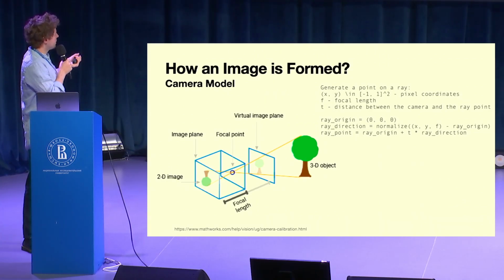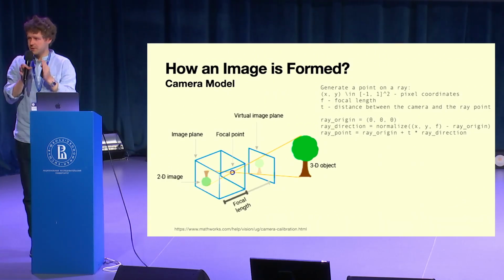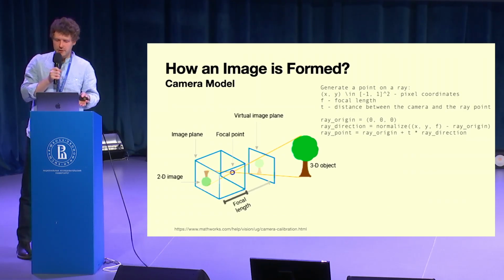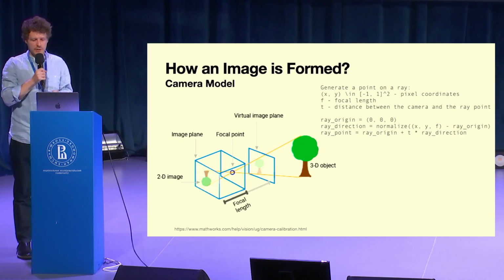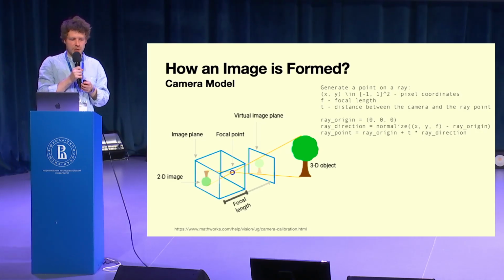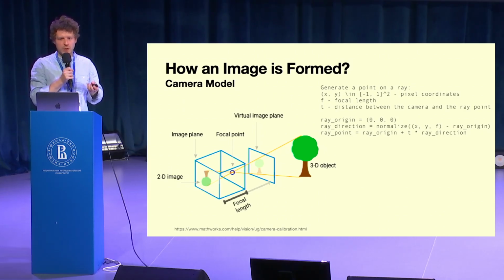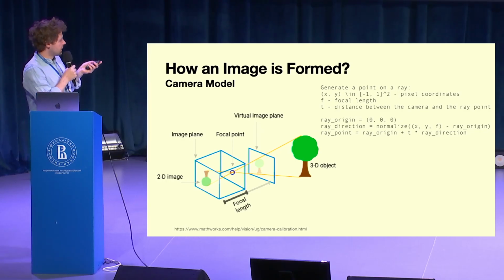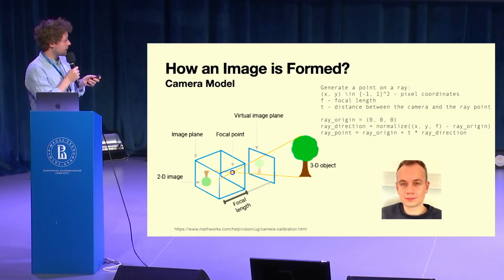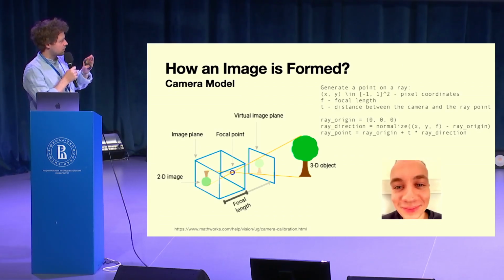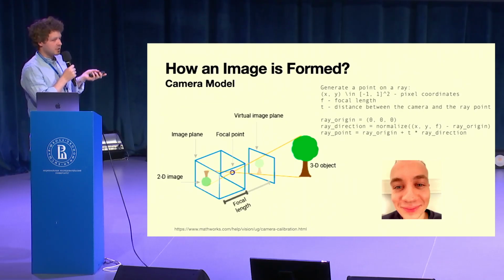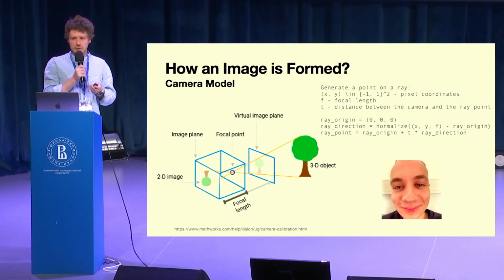And if the shoebox is thin, the field of view will be very wide. I also added a GIF to illustrate. This is a video of a colleague of mine taken with an iPhone, where I changed the focal distance to illustrate how it works. Here I gradually switch from portrait mode to wide angle mode. And it really changes the face and distorts geometry. So this parameter is quite important.